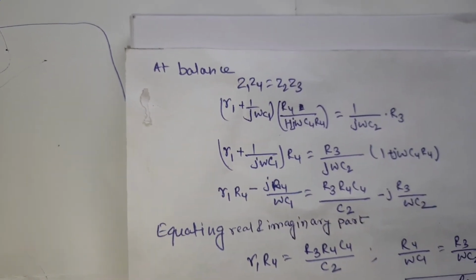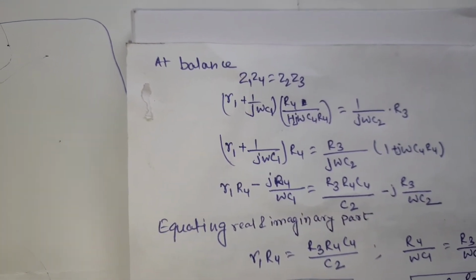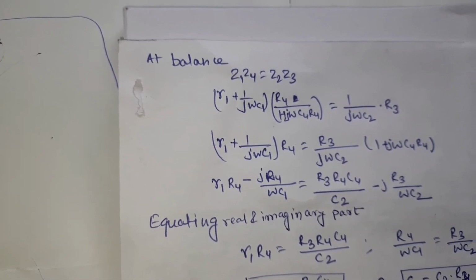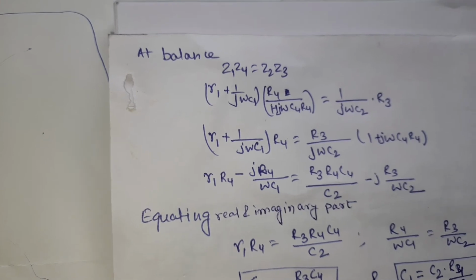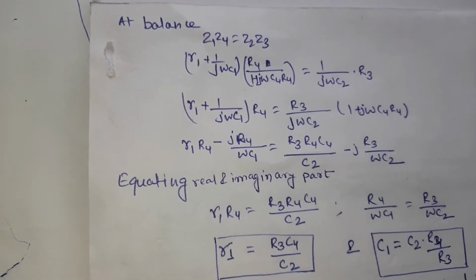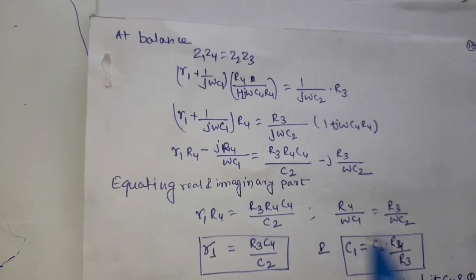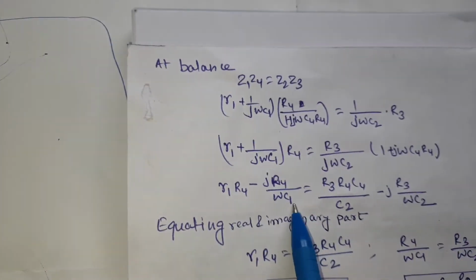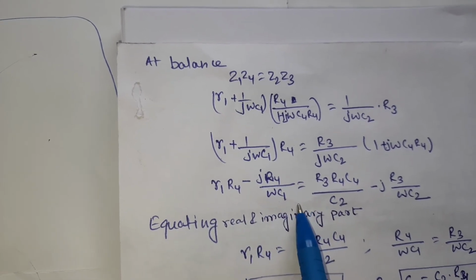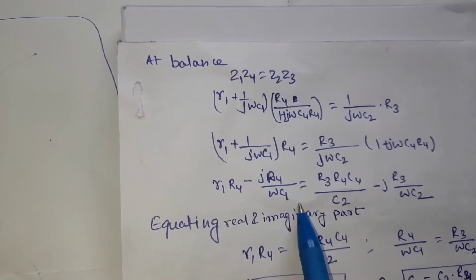At balance condition, Z1 into Z4 must be equal to Z2 into Z3. By putting the values of Z1, Z2, Z3, Z4, we get the balance equation. Now we have to represent it in complex form and equate the real part and imaginary part of the left hand side and right hand side.